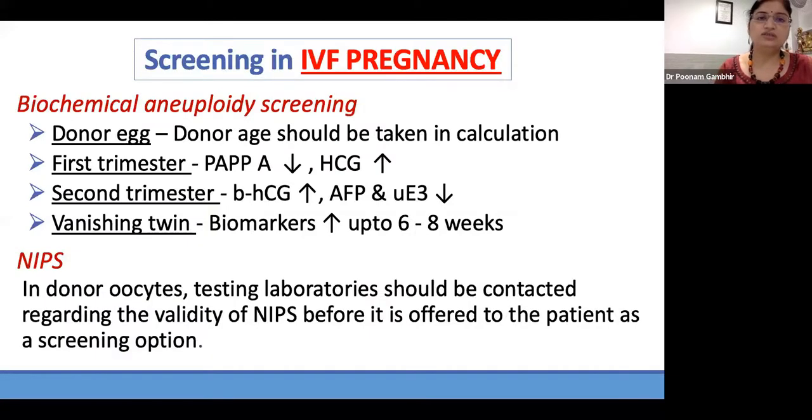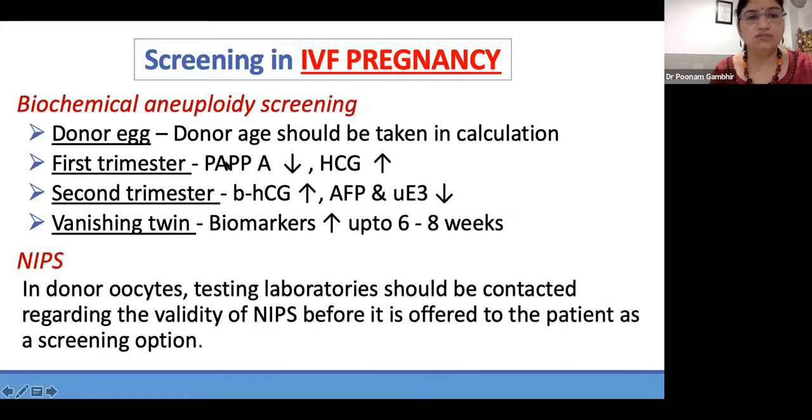In IVF pregnancy, we have to keep in mind these points before offering biochemical aneuploidy screening. If it is a donor pregnancy and the donor egg is being used, the donor age should be taken into consideration for calculations.